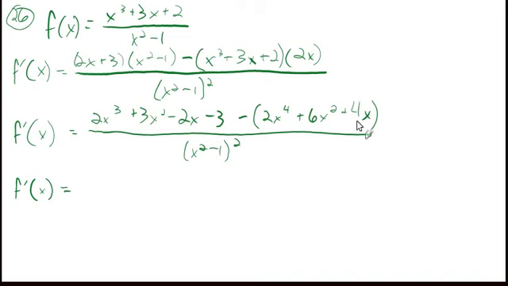let's see, so we're just going to combine like terms here. We're going to have negative 2x to the 4th. Let's see, we got plus 2x to the 3rd.